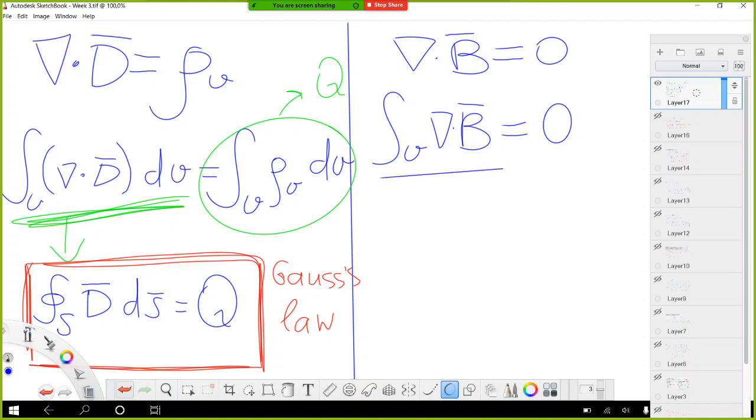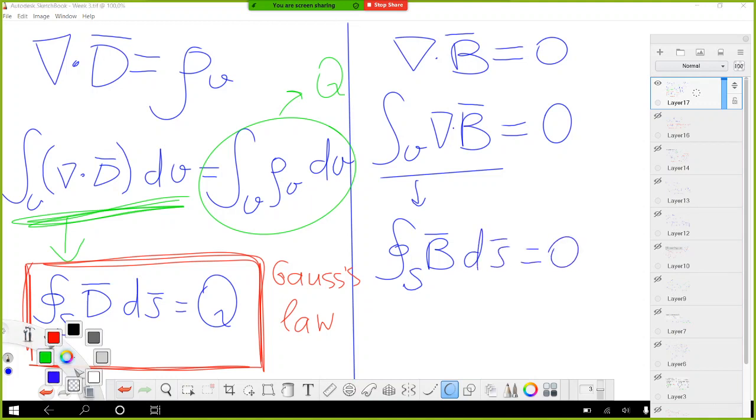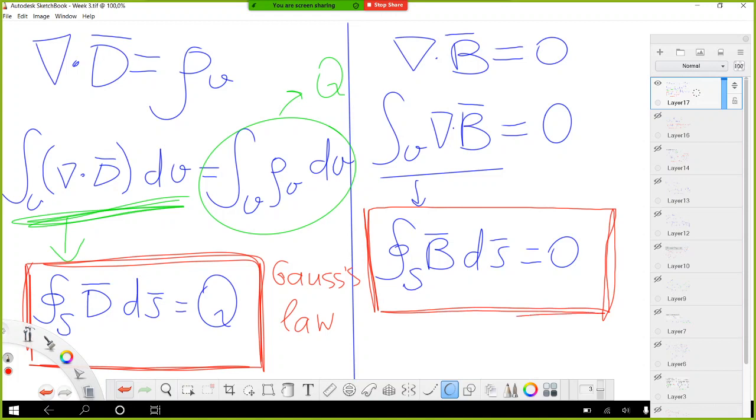And if we apply the divergence theorem, we have the integral over the closed surface S of B dS equals 0. This is our final equation.